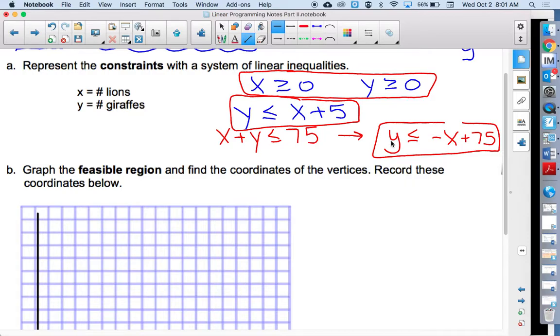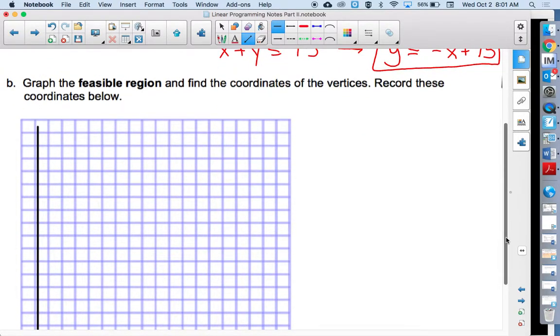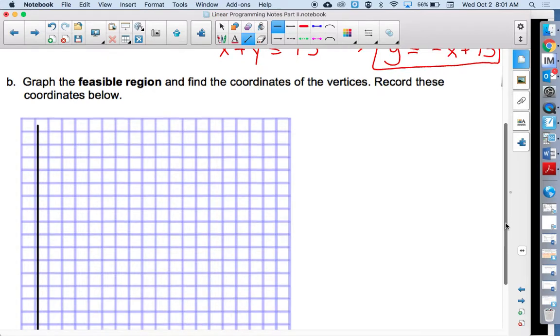So I'm placing them on the edge. And that's because of those 2 original constraints that x and y are greater than or equal to 0. I know that it's not going to be anywhere else on the graph. It's not going to be on the left. It's not going to be down below.